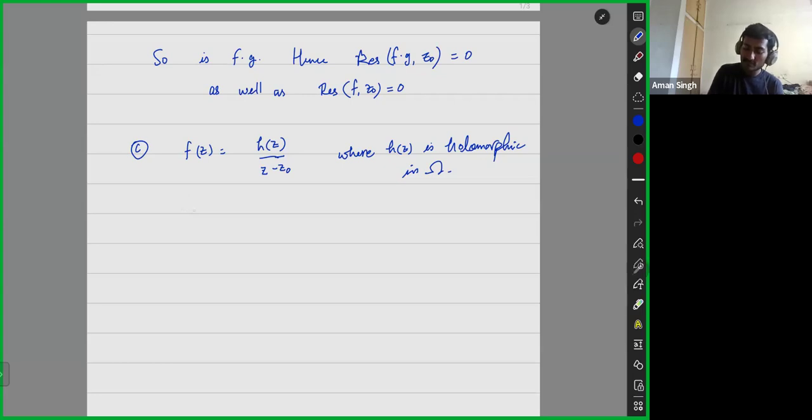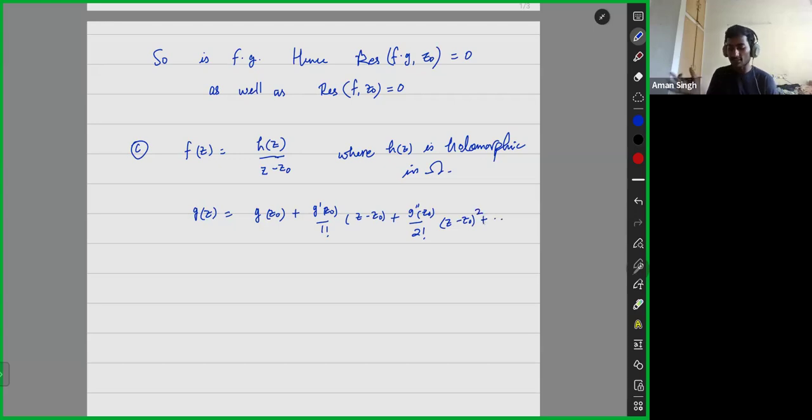What is that? g(z) can be written as g(z naught) plus g prime(z naught) by 1 factorial into (z minus z naught), plus g double prime at z naught divided by 2 factorial (z minus z naught) whole square, and so on. This is the Taylor series.